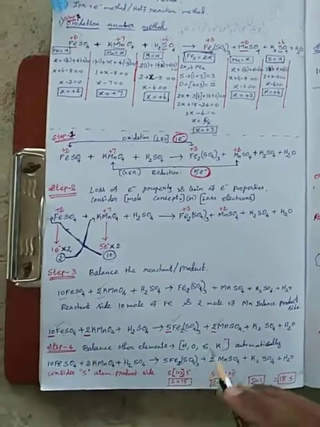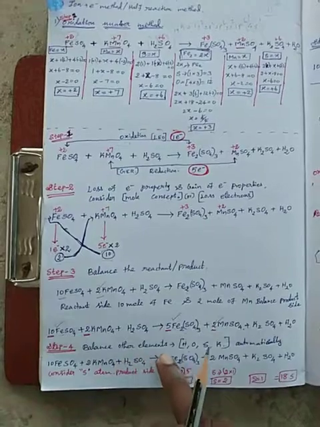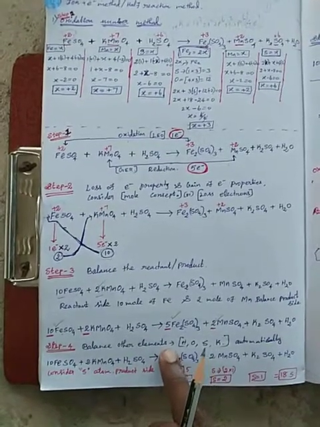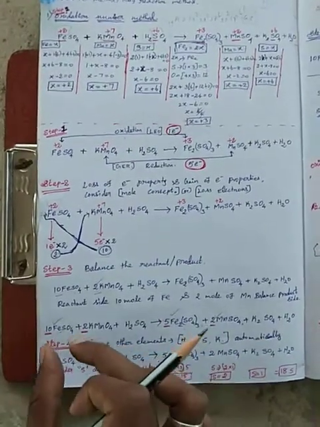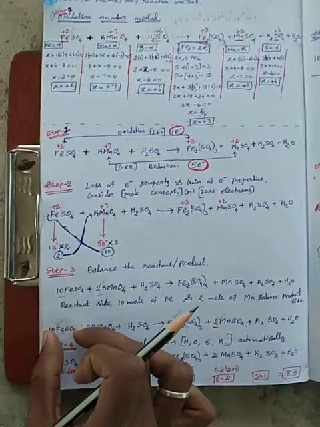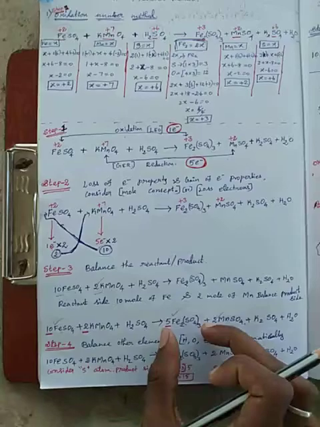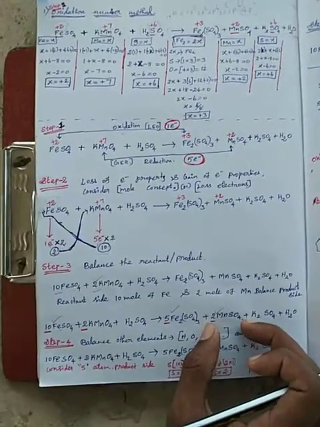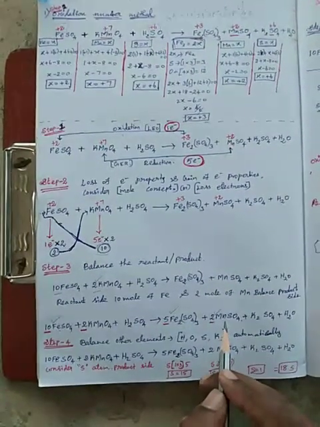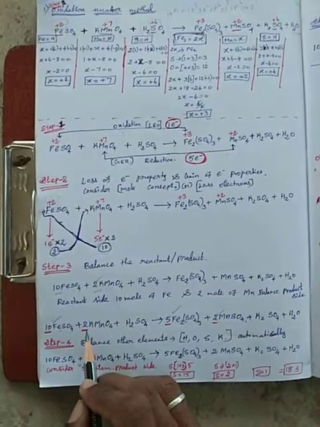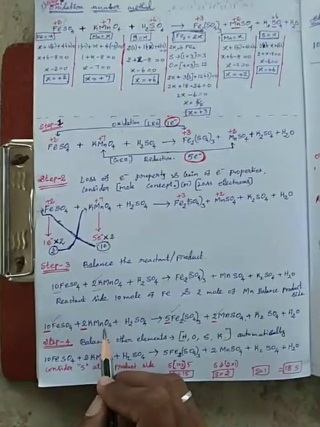So step 4: balance of other elements. What is the balance of other elements? The reactant part has ferrous sulfate complete, potassium permanganate complete. Here also ferrous sulfate complete and potassium permanganate complete. So 2 into manganese 2. Here also the reactant part 2 into manganese 2 is correct.